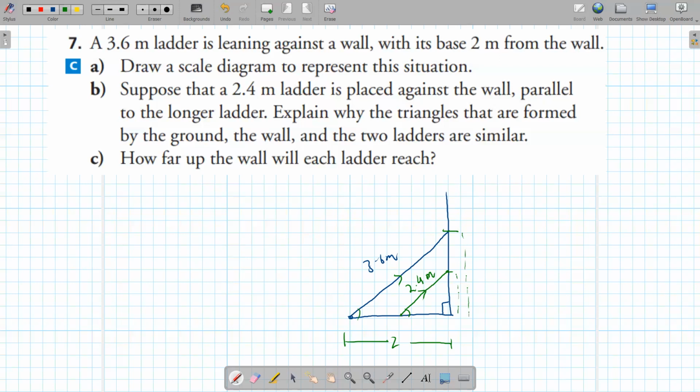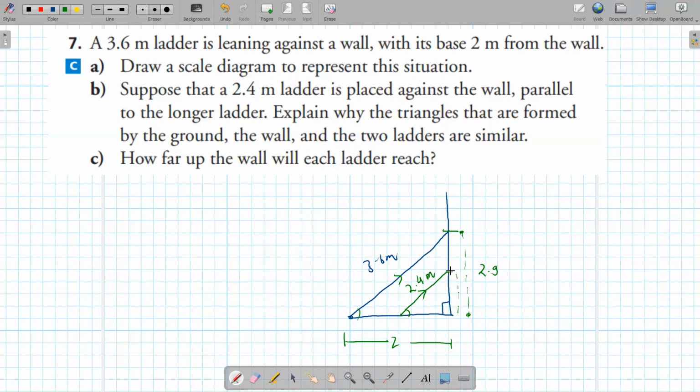Use a calculator. There's absolutely no way that height is going to be greater than 3.6. It has to be smaller than 3.6. Tell me the height of the taller ladder. 2.9. Alrighty, that makes sense.